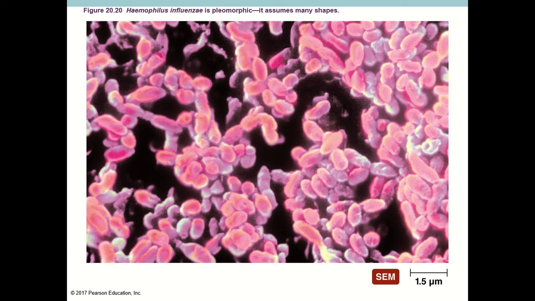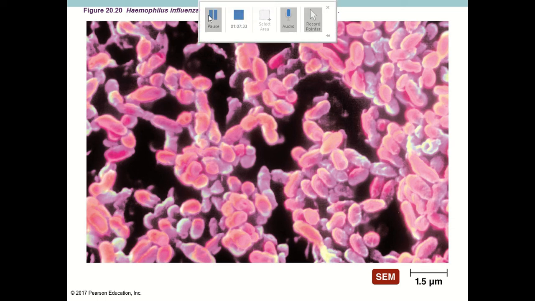Given that they like to infect mucous membranes, they can spread throughout the entire upper and lower respiratory tracts of the animal. If they infect the lower respiratory tract, they cause pneumonia, which can be deadly for an animal.